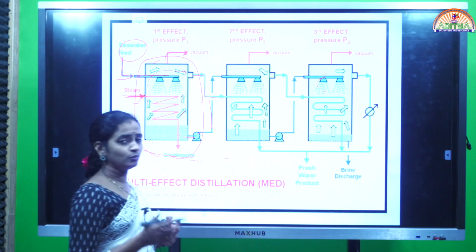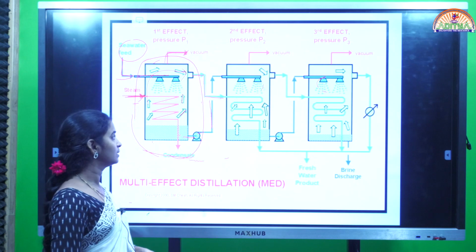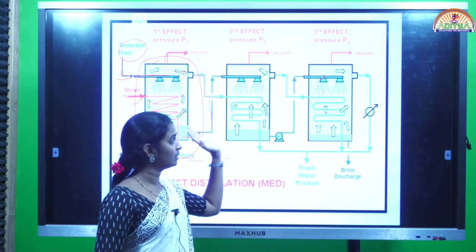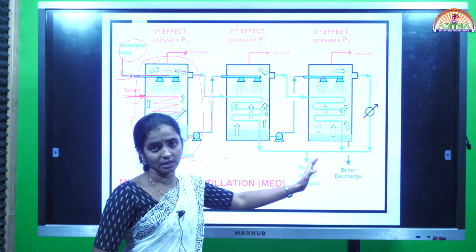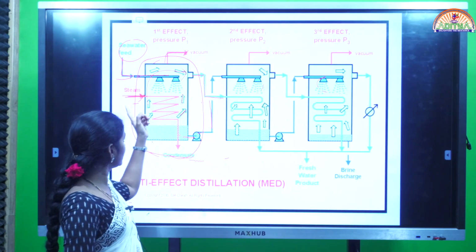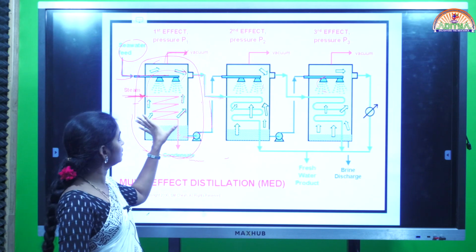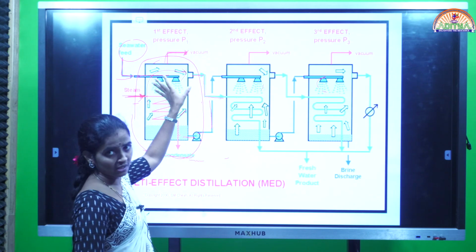So what you can understand from this is that there is no need to give the heating source individually to all the stills. Once you give the heating source to the first one, it is enough.